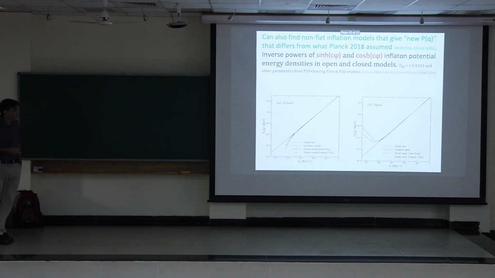I also looked at open and closed inflation models with more complicated potentials that are functions of phi. C is a constant, it's not the speed of light, and phi is the inflaton, and there are inverse powers of these.